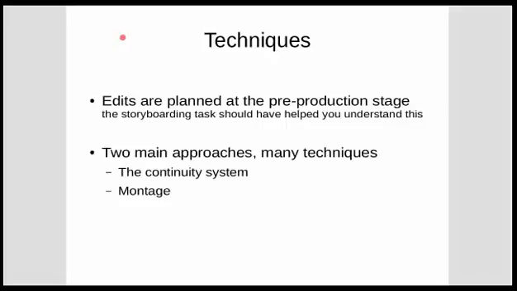So there are two main approaches, although many different techniques. There's the continuity system, which governs most of American films from about 1915 through to the modern day. And there's montage editing, which has its origins in Soviet Russia in the early 1920s or the late teens.